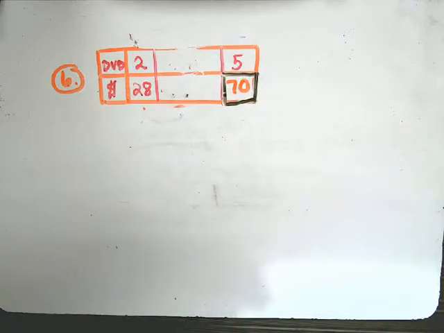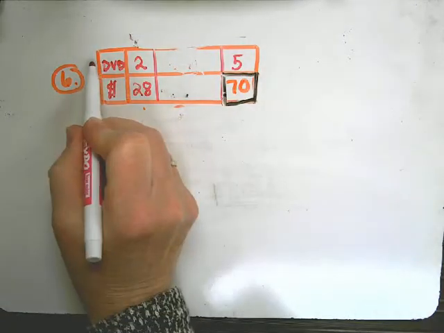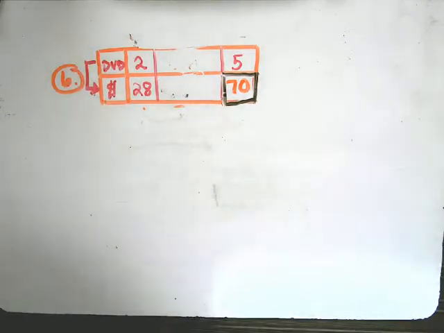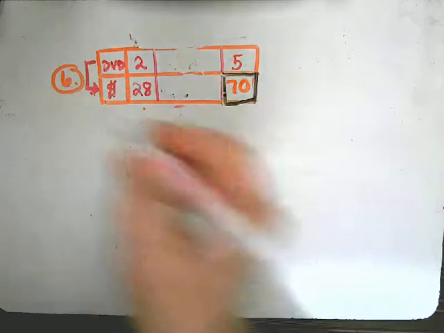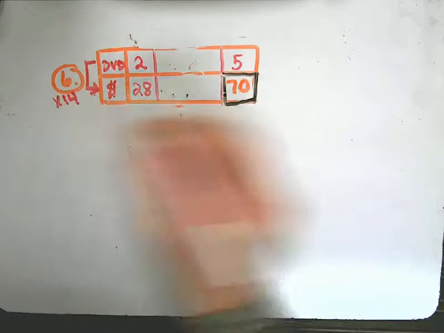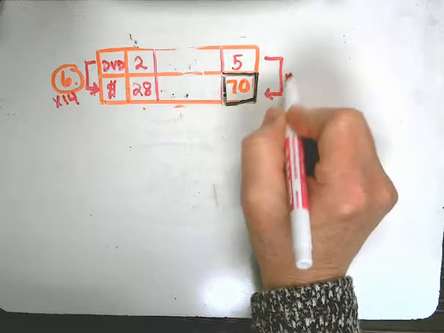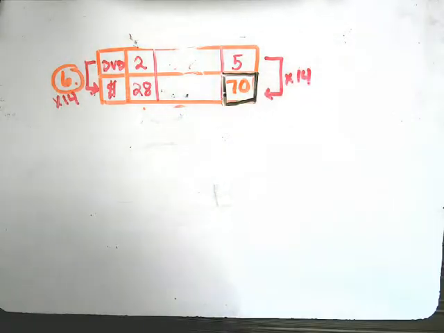Look at here. What did you do to get from 2 to 28? Times 14. Could I also have taken 5 and multiplied it by 14? I could. So look at all those different options. Those are all available to you.